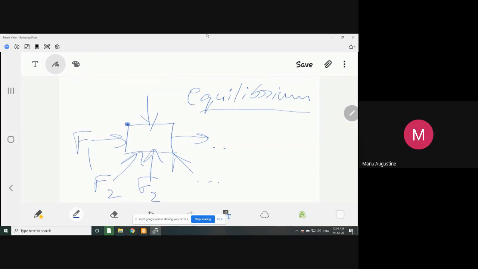So let us say that this system under the action of n forces F1, F2, F3, F4 up to Fn is in equilibrium, and we give it a virtual displacement in any direction of our choice. The concept of virtual displacement was also explained in the previous class.